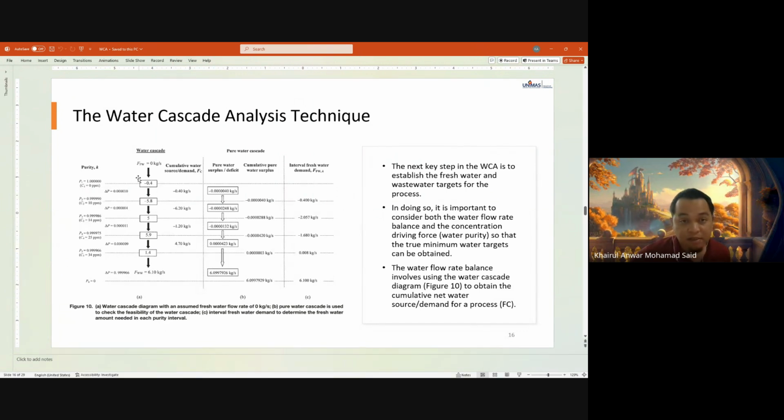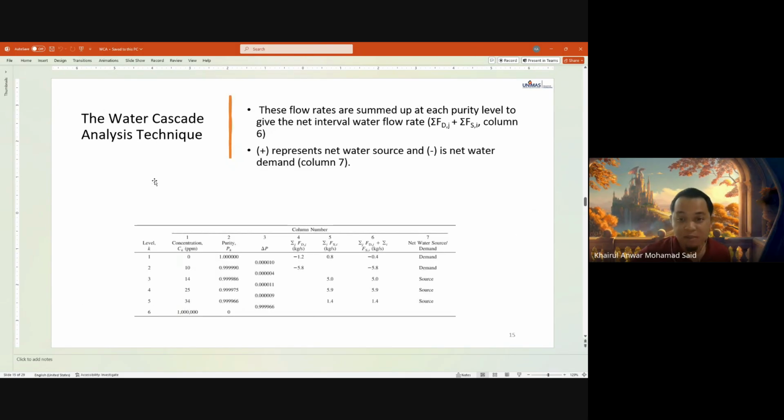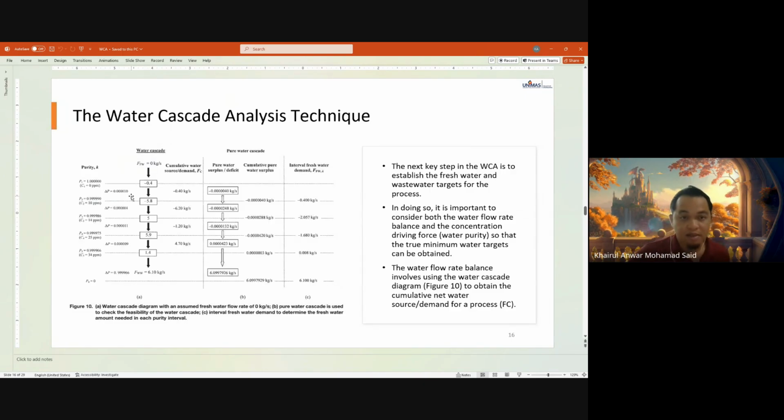Then the first value here, negative 0.4, is referring back to the previous table, column number 6: negative 0.4, negative 5.8, and so on, 1.4. These three columns are based on the table that you derived and tabulated before.